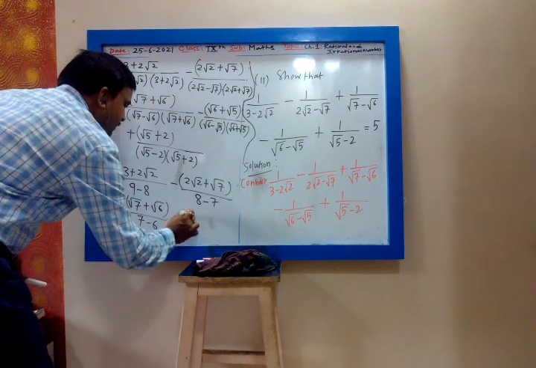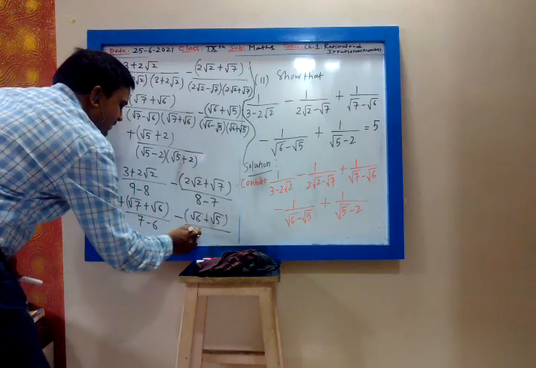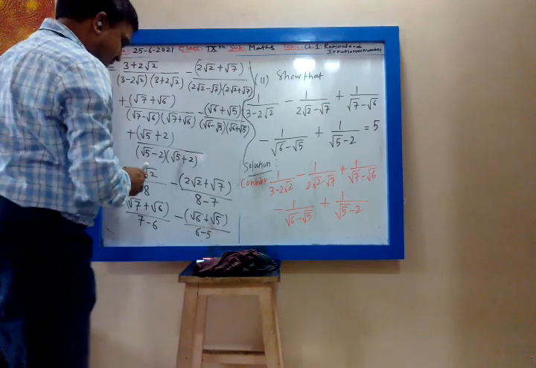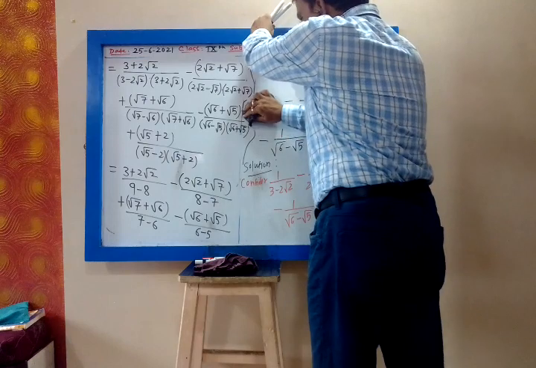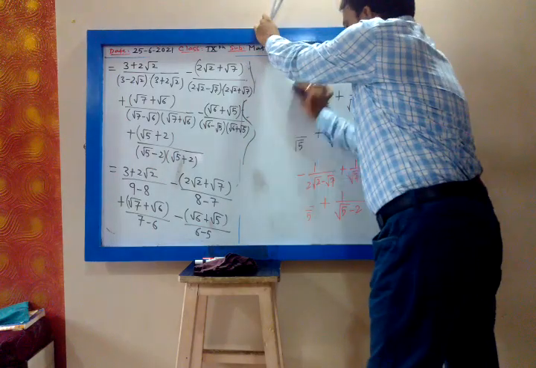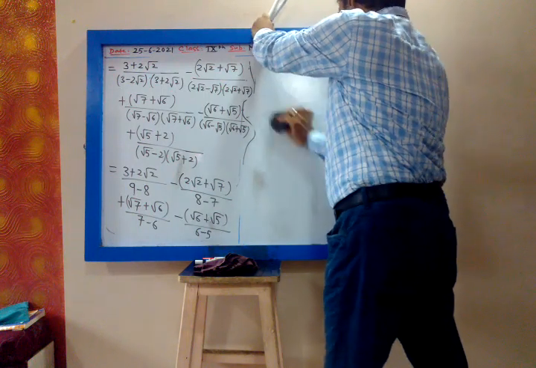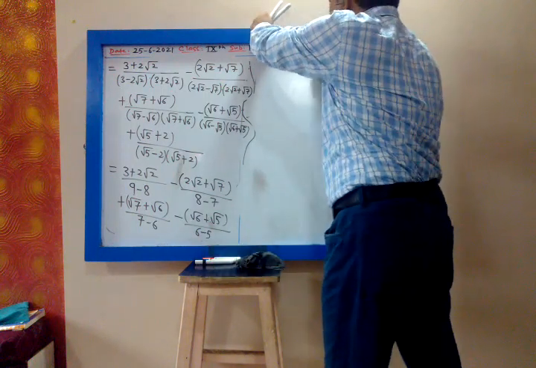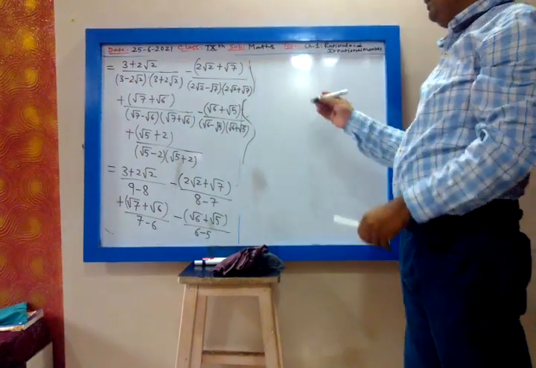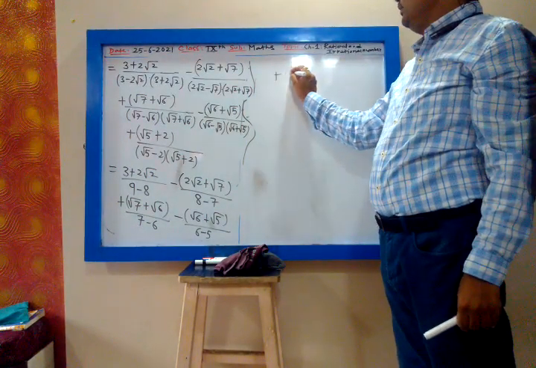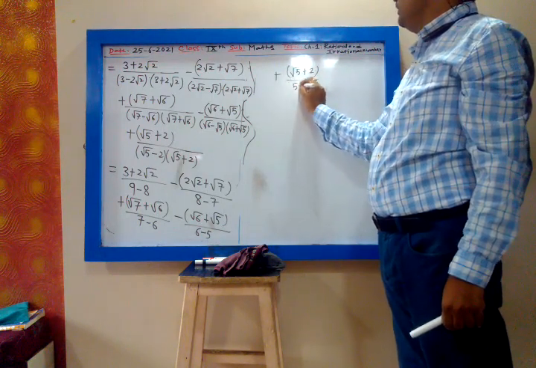Minus root 6 plus root 5 upon 6 minus 5. Last it will be plus root 5 plus 2 upon 5 minus 4.